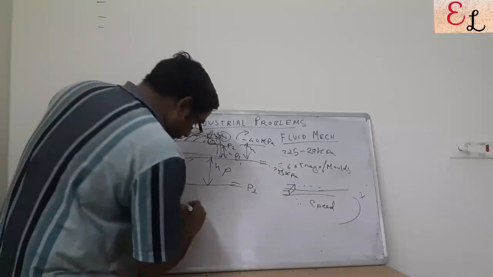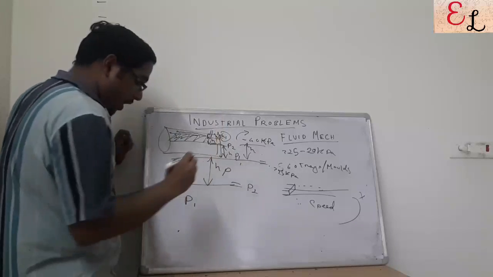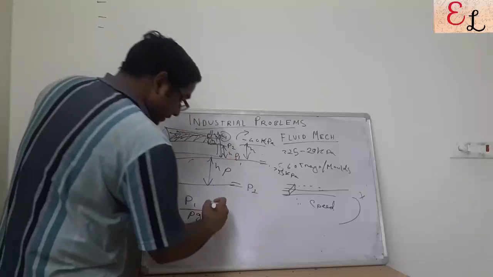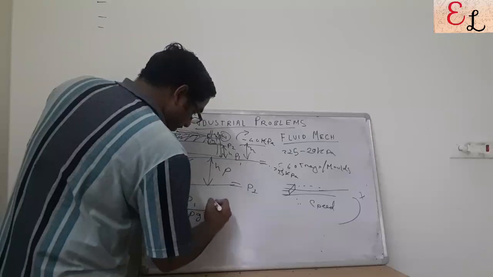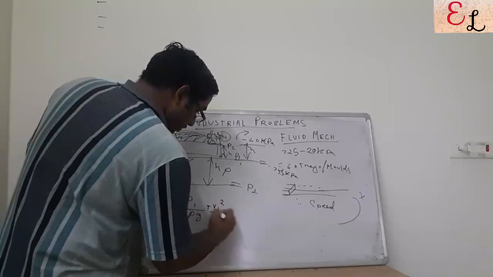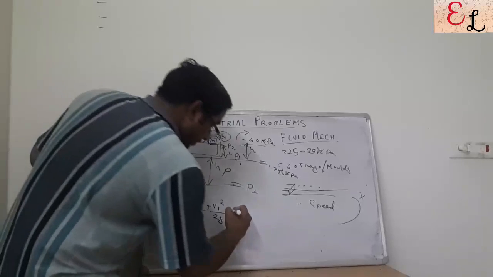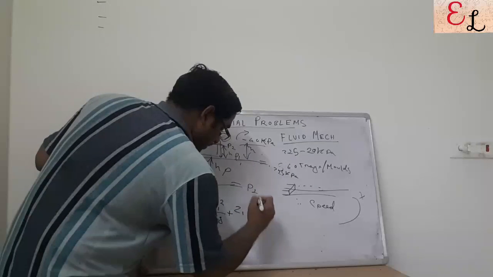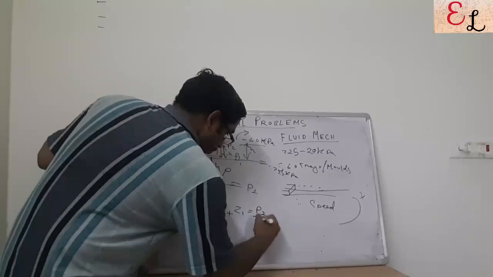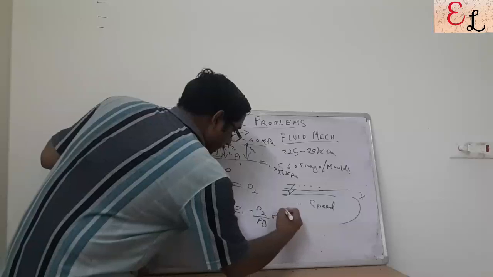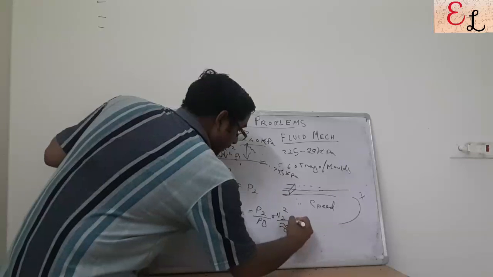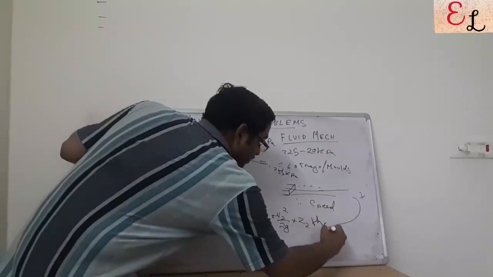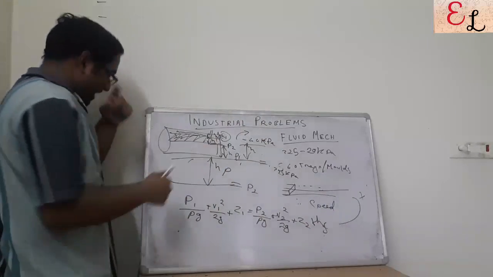So by Bernoulli's equation we know that P1 by rho g plus V1 square by 2g plus Z1 equals P2 by rho g plus V2 square by 2g plus Z2, plus a frictional factor HF, which can be neglected here.